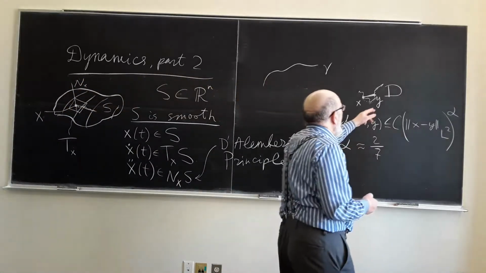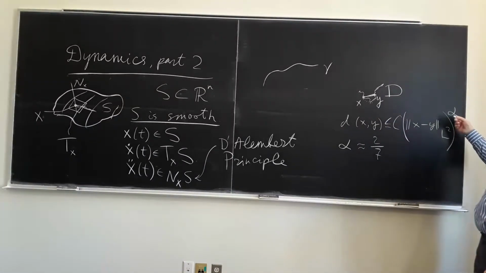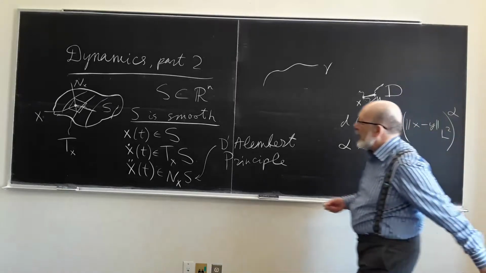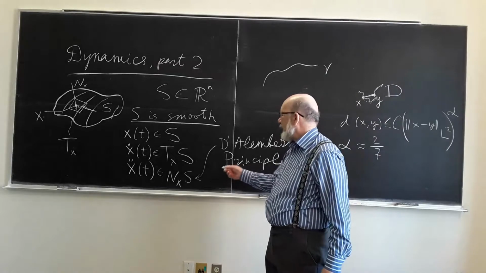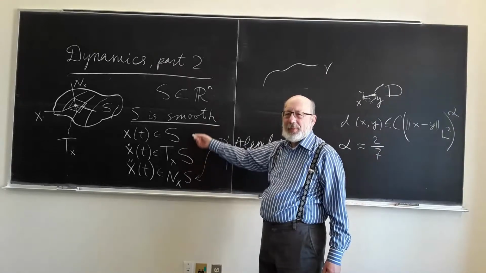If D were a smooth manifold, then of course this alpha should be 1. So we see that this manifold is very far from smooth, and so it is far from a situation where we can apply this D'Alembert principle in this regional form.